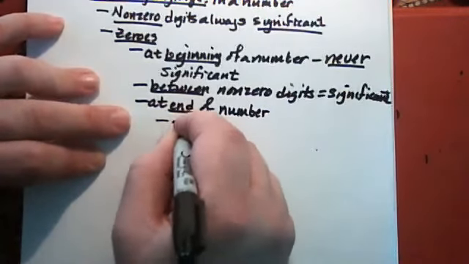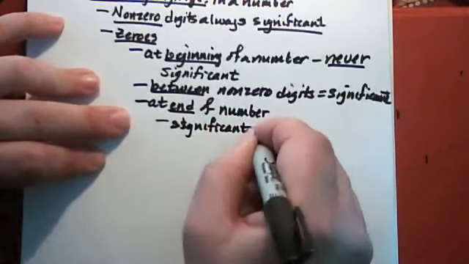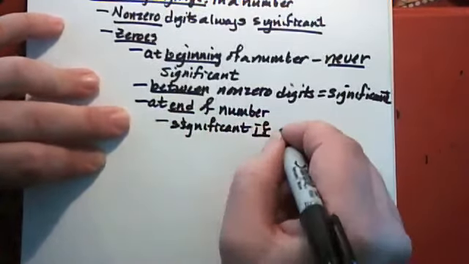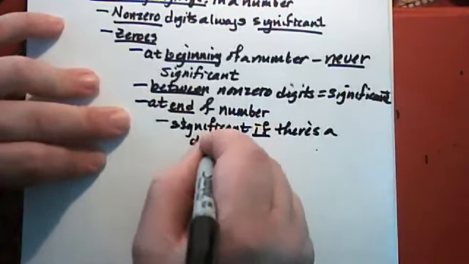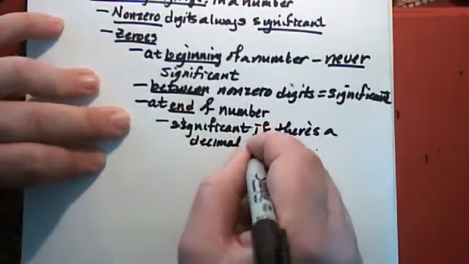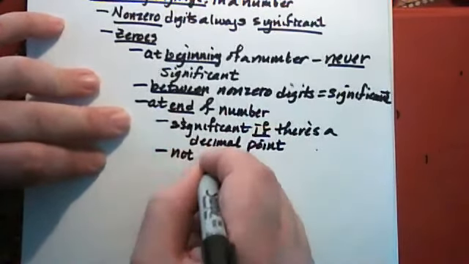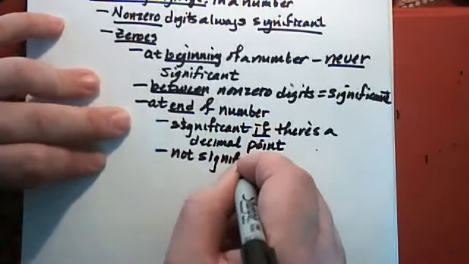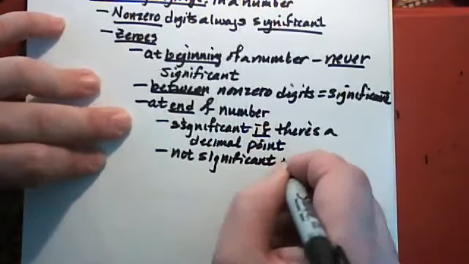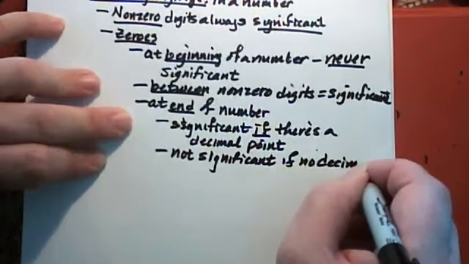They're significant if there's a decimal point somewhere in the number. They're not significant if there's no decimal point in the number.